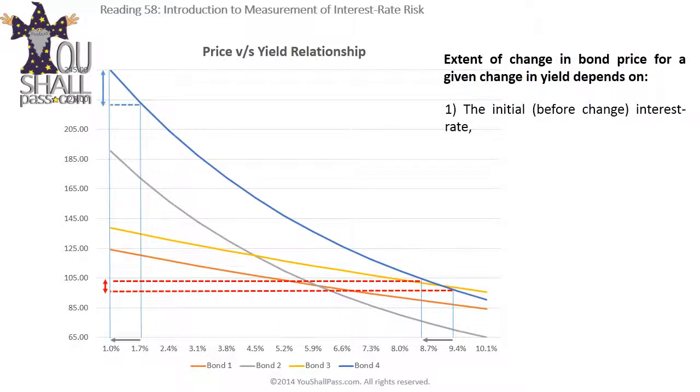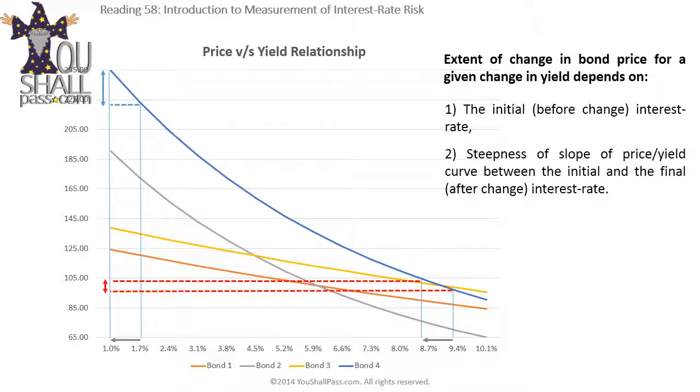The first one being where along the yield curve you stand at present, and secondly, how steep is the slope of the price yield curve between the initial and the final interest rates. These are two important observations, so you should treat them as such, meaning write them down somewhere and remember them along with pretty much the entire material here in this video.